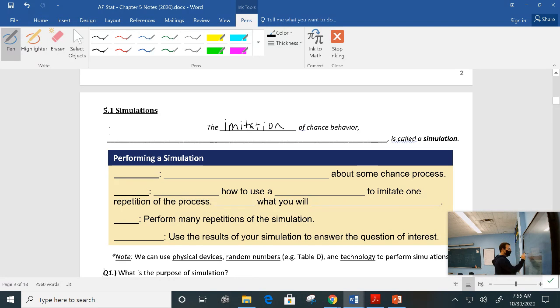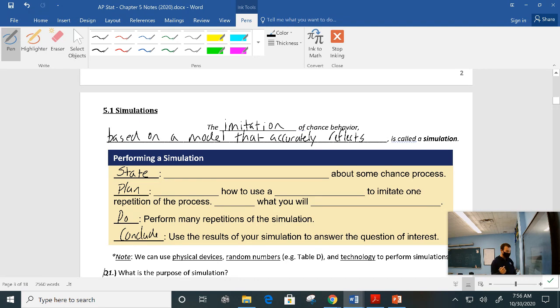So the imitation of chance behavior, based on a model that accurately reflects the situation, is called a simulation. When you're performing a simulation, you're going to see these things that we saw earlier in the year. We want to think once again in a state, plan, do, and conclude kind of sequence.